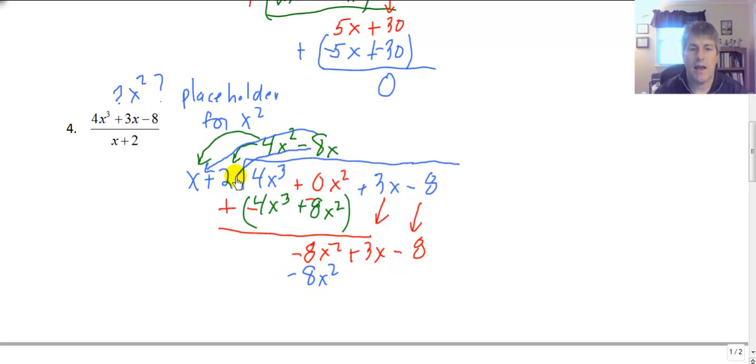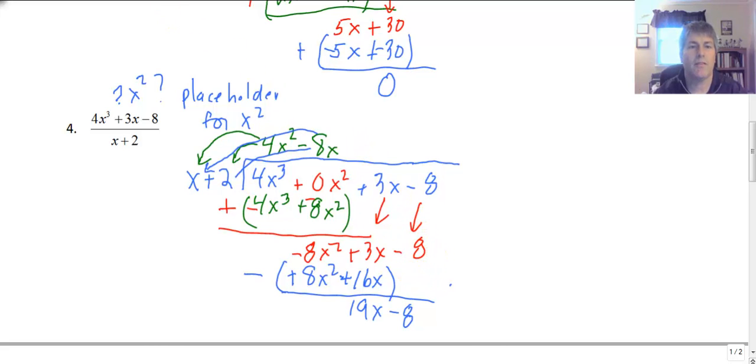Negative 8x times 2 is a negative 16x. And I subtract that entire quantity. So I change all my signs and add, and I get 19x minus 8.